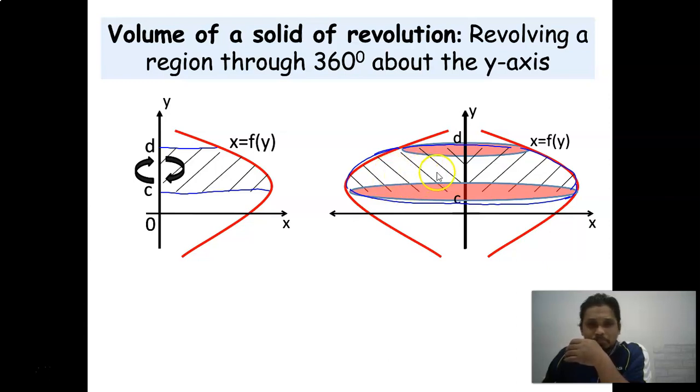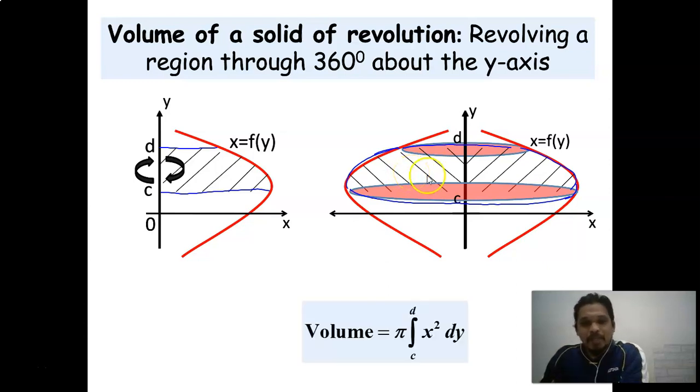But just imagine that if this area is rotated 360 degrees, we get a 3D picture with a height, shape, and all that. And the volume equals pi integral of x squared dy.